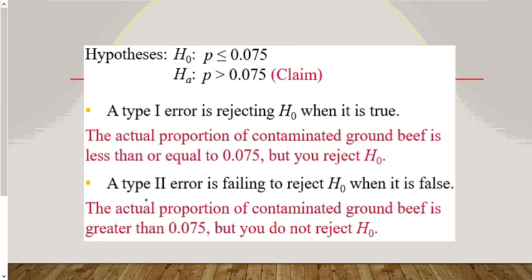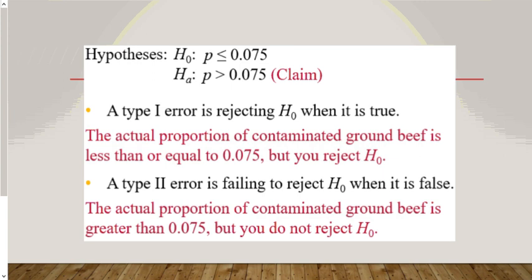Making a type 2 error is failing to reject the null when it's false, right? Failing to reject when you really should reject it. What that would mean is that the true proportion of ground beef that has salmonella is higher than this amount, but you didn't get enough evidence to support it. So in other words, a really high proportion of ground beef truly does have salmonella and it's out there, but you didn't catch it.